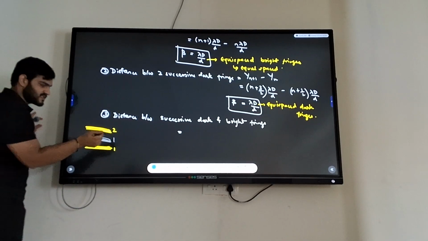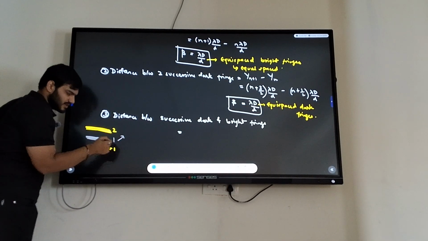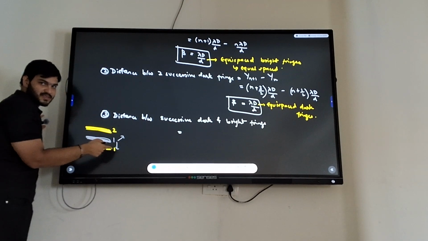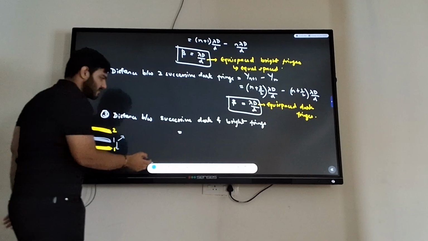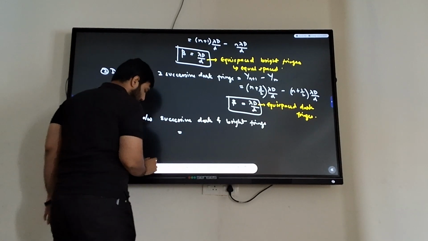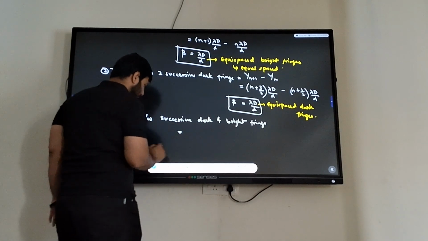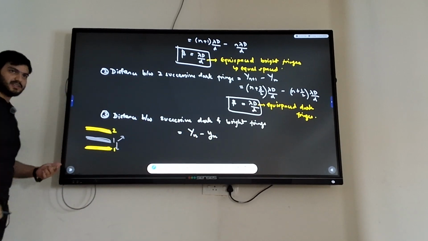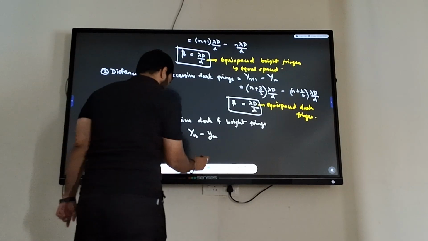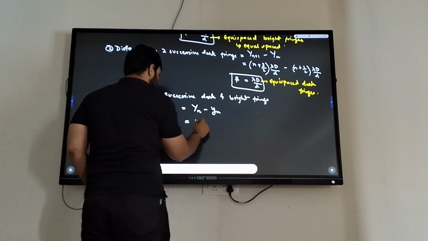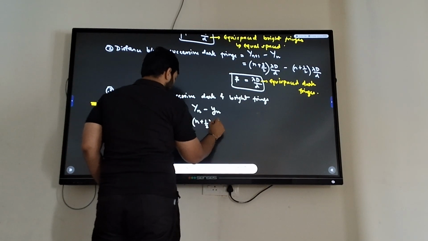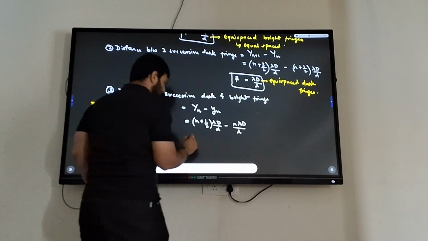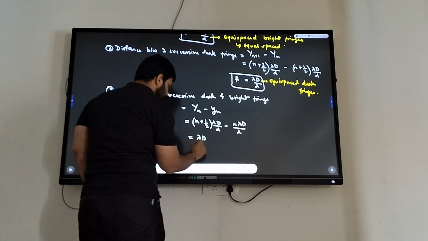So I should consider the distance between them, so I have to do dark minus bright, right? So I should do Yn minus small yn. Do you understand? And not the other way around. This will give you (n plus half) lambda D by small d minus n lambda D by small d, and the answer will be lambda D by 2d.